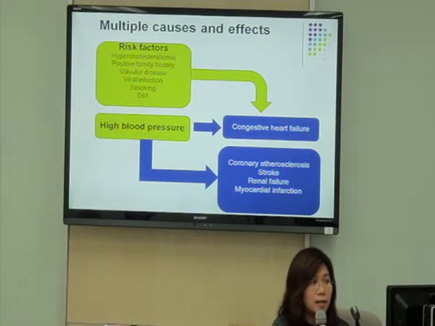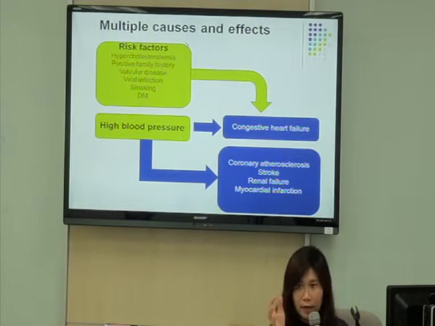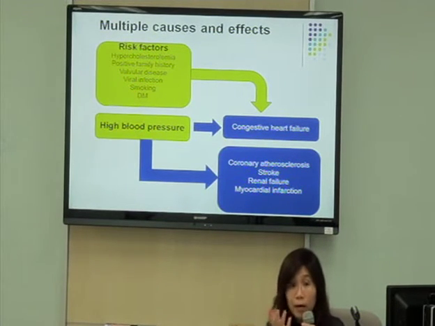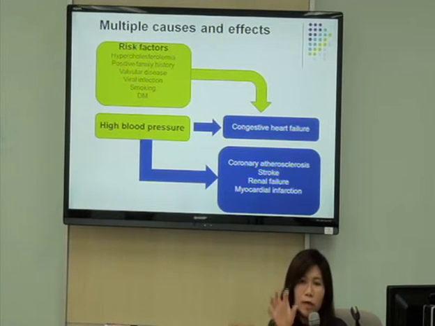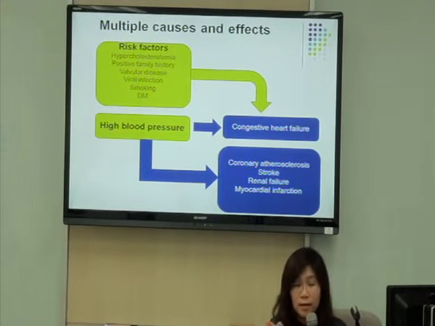So multiple causes and effects make it hard for us to claim a causal relationship or association, because mostly we use cohort studies to claim causal effect or association, but in reality it's hard because it's not just one exposure causing one disease.